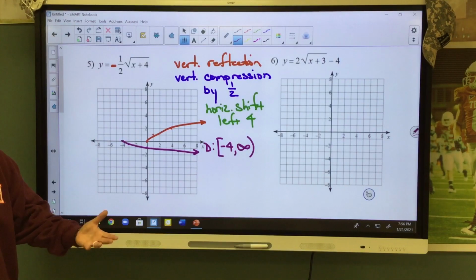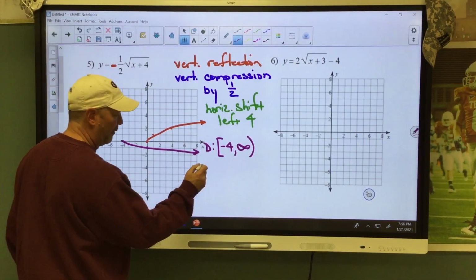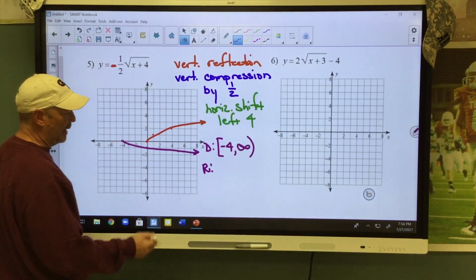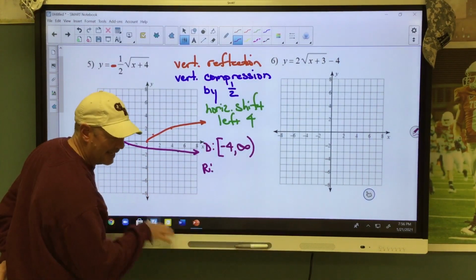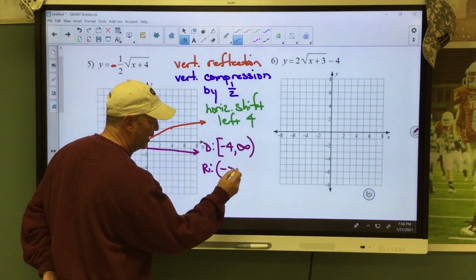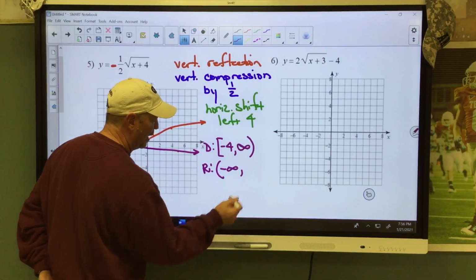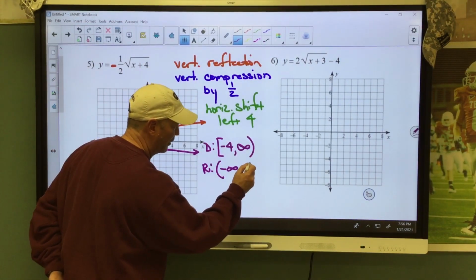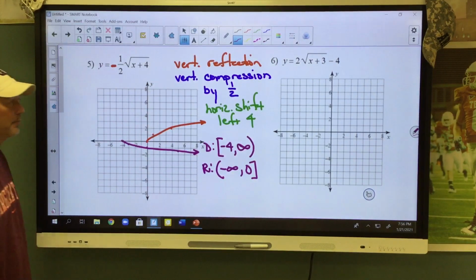As far as the range goes, the low point of that graph, I'm down here going to -infinity forever, so -infinity is my low point. My high point is at 0. And that's what we would do for that one.